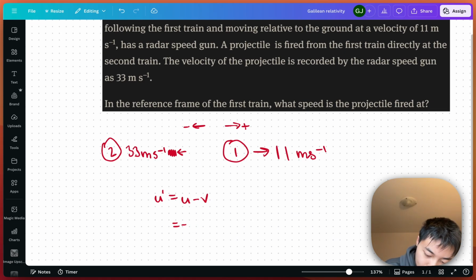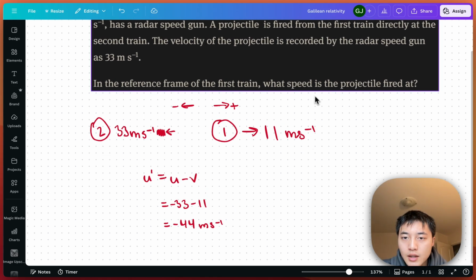Minus V, the velocity of the moving object, not the event, with respect to the stationary thing. So it's just 11, and it's positive because it's going to the right. And this is just simple math. Negative 44 meters per second.